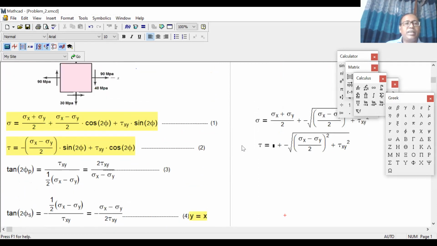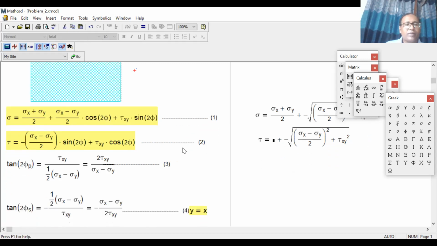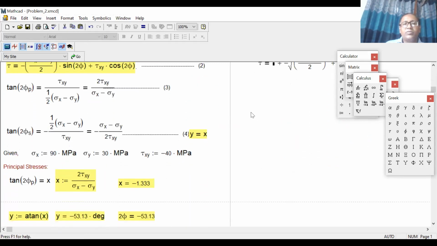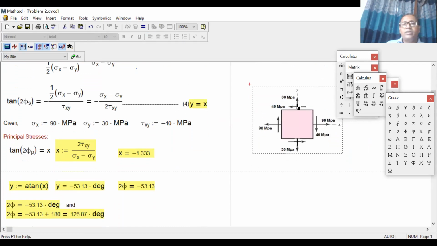If I select this element and copy it right over here, what do you see? Sigma x, how much? 90. Sigma x equals 90 megapascal, because tension is positive.